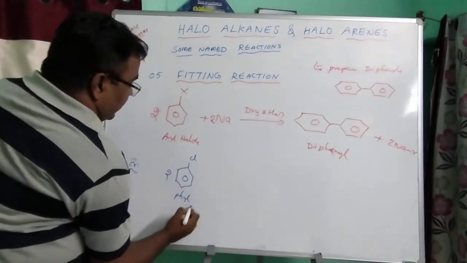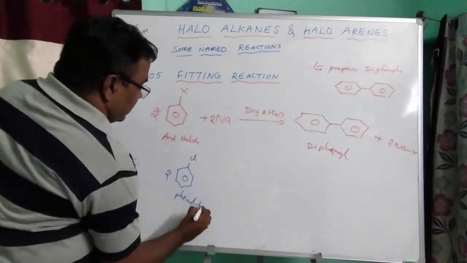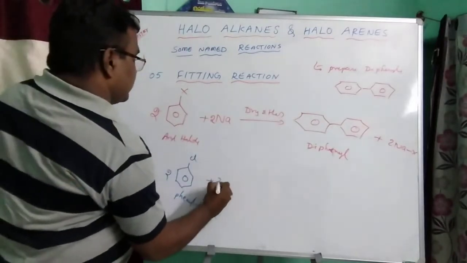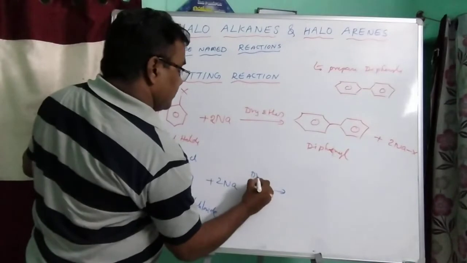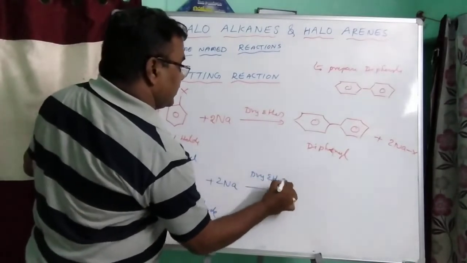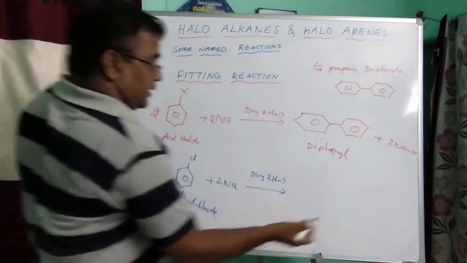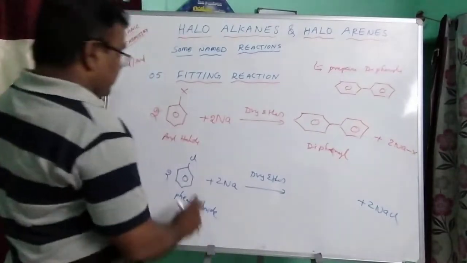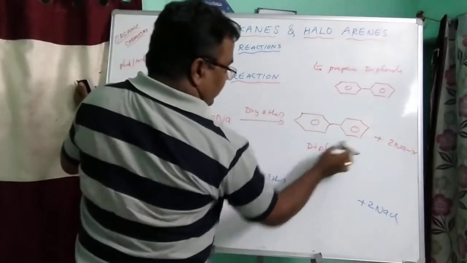This is phenyl chloride, which reacts with 2 moles sodium in presence of dry ether. Now the 2 Cl and 2 Na are removed as 2 moles sodium chloride. Now there are 2 phenyl groups, and the 2 phenyl groups connect as diphenyl.